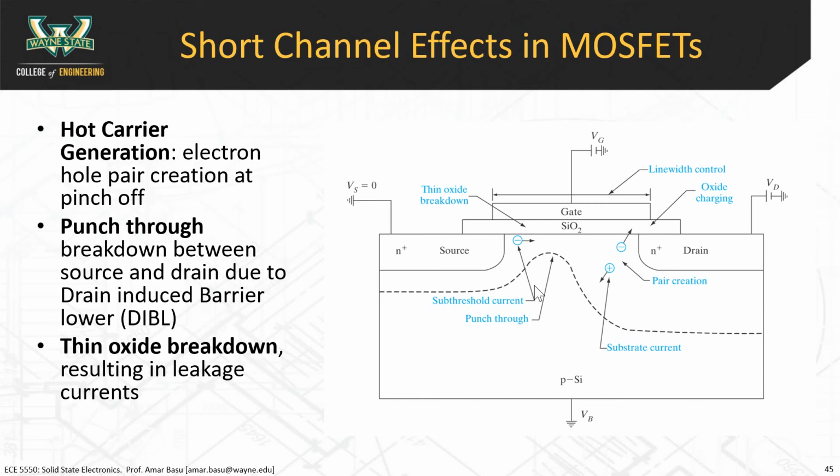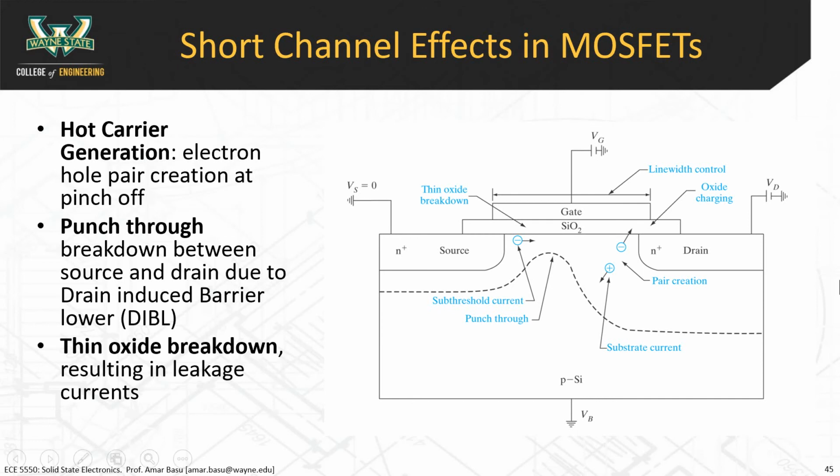One of the effects of this is that electrons can gain so much kinetic energy from the electric fields that they can actually embed themselves into the silicon dioxide. They can also generate electron-hole pairs by slamming into another atom.